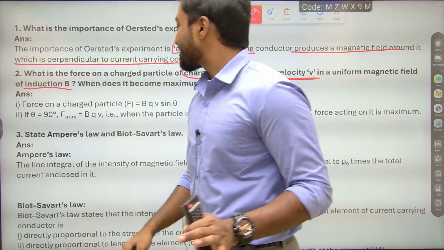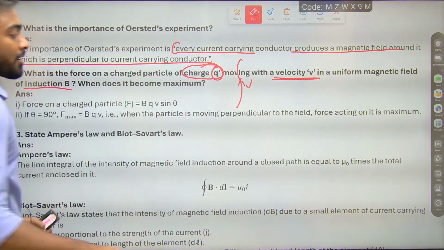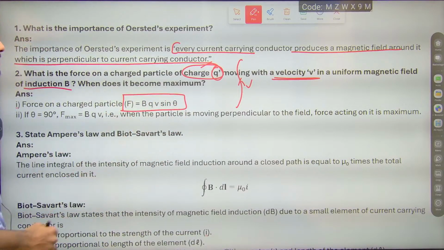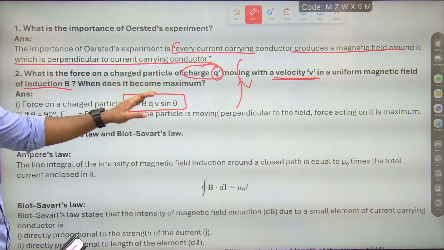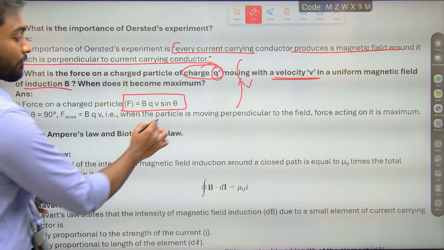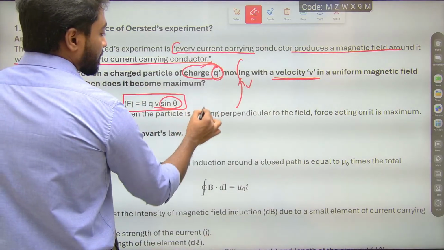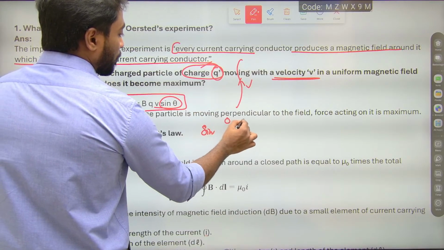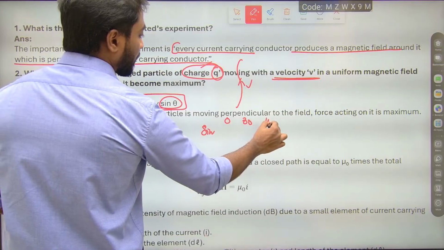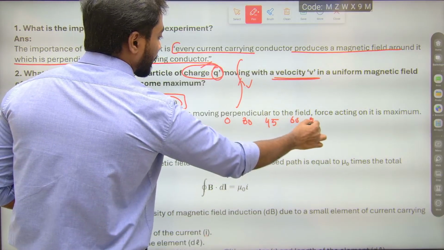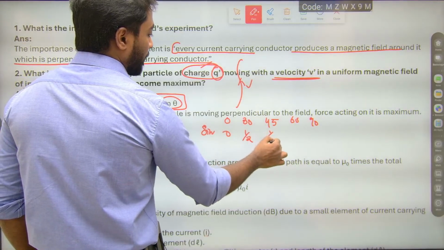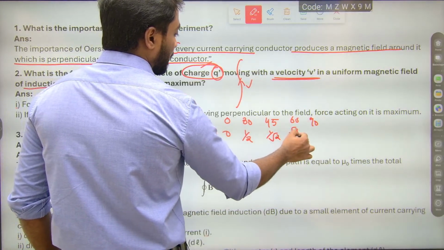The relation is F equals BqV sin theta. Sine of 0, 30, 45, 60 and 90 degrees is 0, 1 by 2, 1 by root 2, root 3 by 2, and 1.